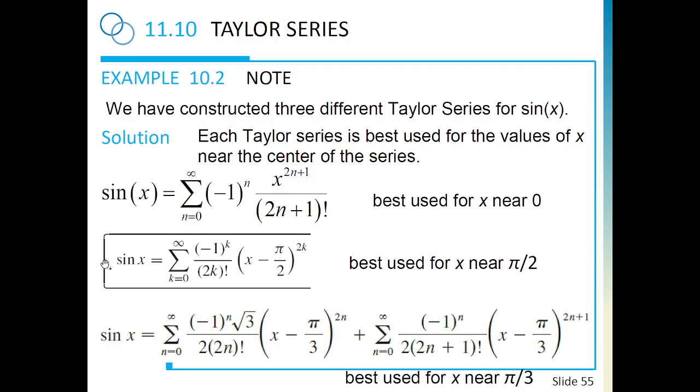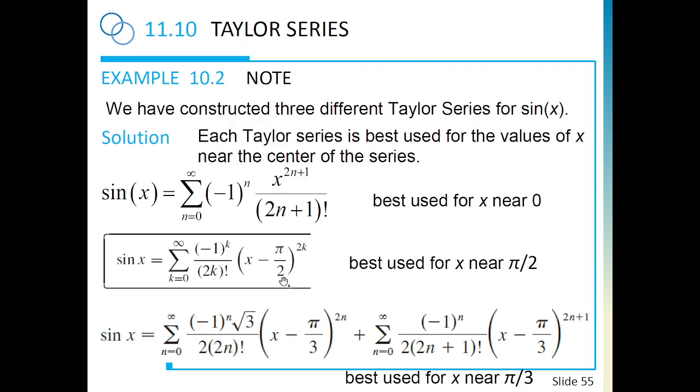So that's why I would use this expansion here, because I will need few terms to get a good approximation. I could use this one also, but I will need many more terms in my polynomial in order to get a decent approximation. So closer I am to the center of the series, better the approximation.